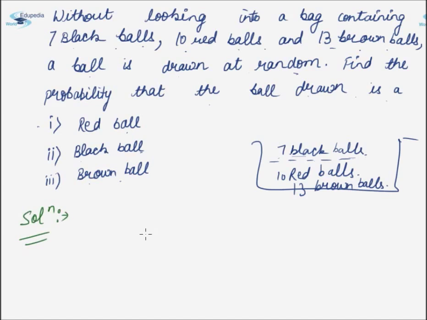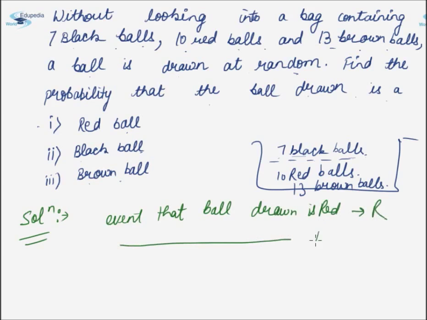Friends, let us denote the event that the ball drawn is red by R, the event that the ball drawn is black by B, and the event that the ball drawn is brown by B and small r.